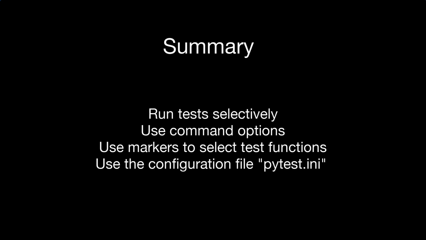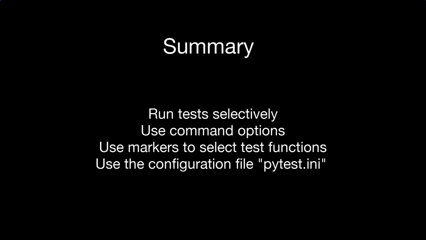In this video, I explained some of the options that PyTest offers to make your test activities more efficient. First, we looked at how you can selectively run tests. You can specify the file name or directory name in the command line arguments. You can also use the -k option to identify a part of the file names.